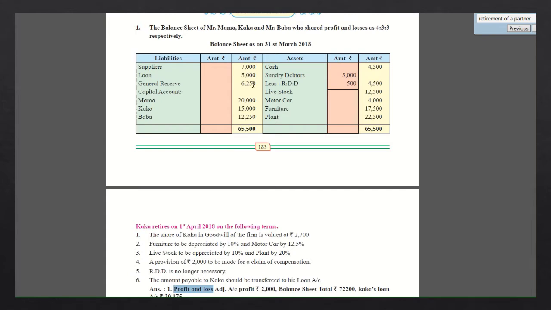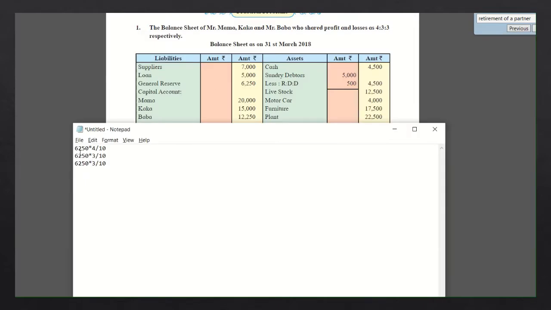So that 6,250 will be distributed in the old ratio, that is 6,250 into 4/10 will be Mama's share, and 3/10 will be Kaka's share, and 3/10 again will be Baba's share. So this general reserve will be distributed among the partners.